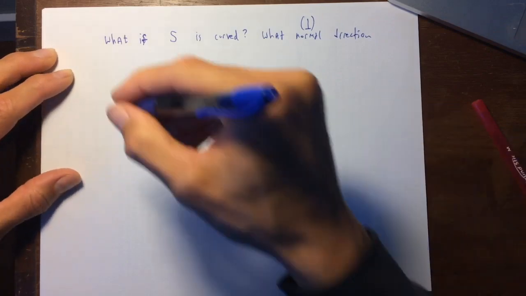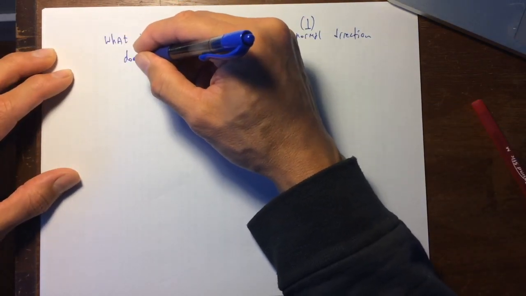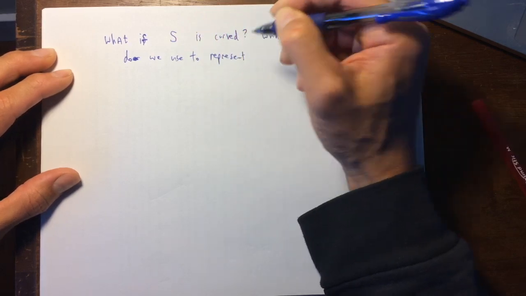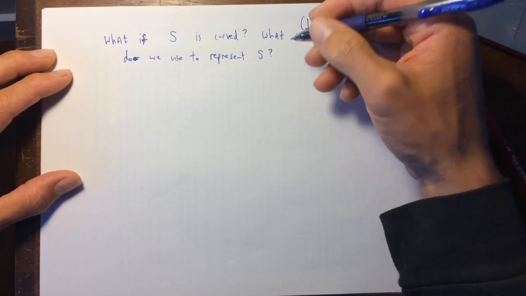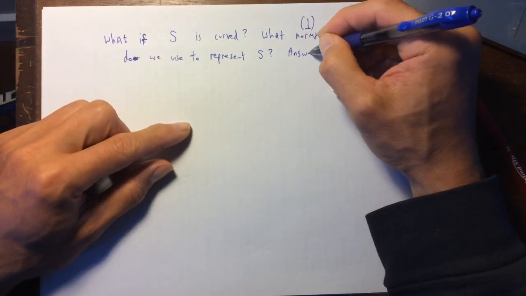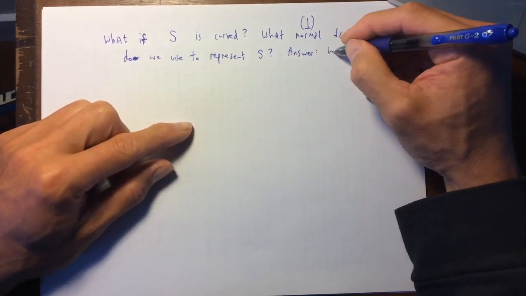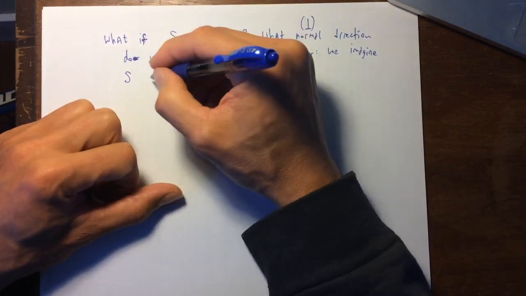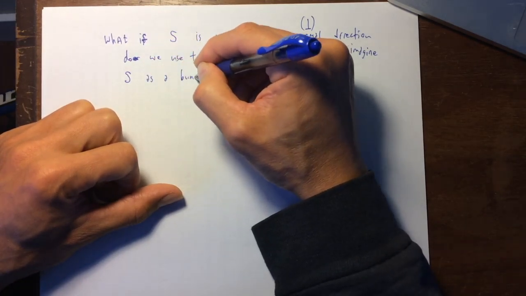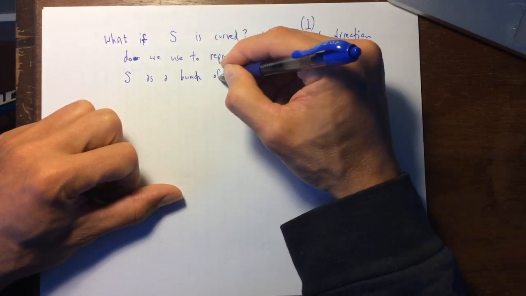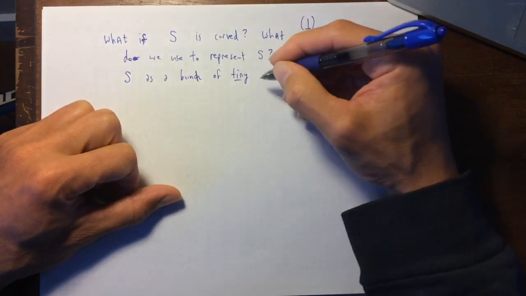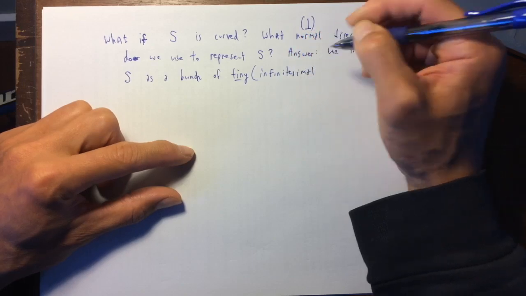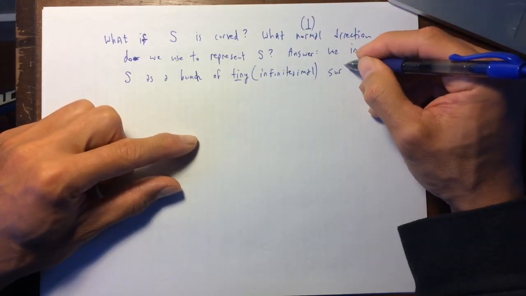What perpendicular direction do we use to represent the surface S? The answer: we imagine S as a bunch of tiny, so read infinitesimal in the calculus sense, surfaces.